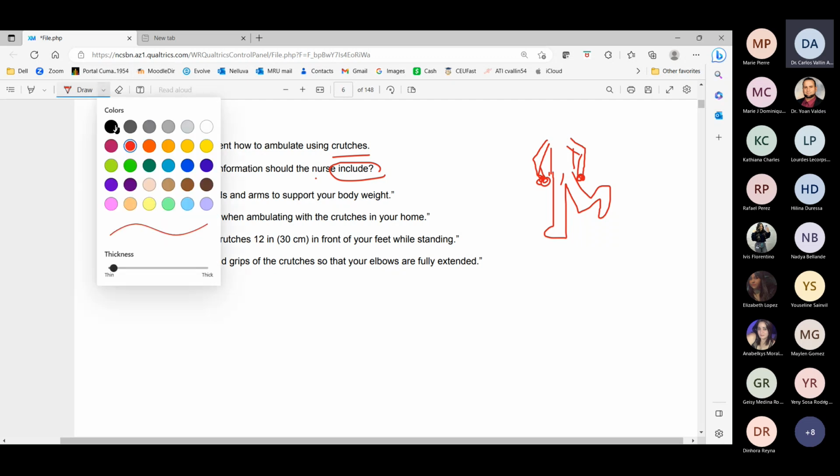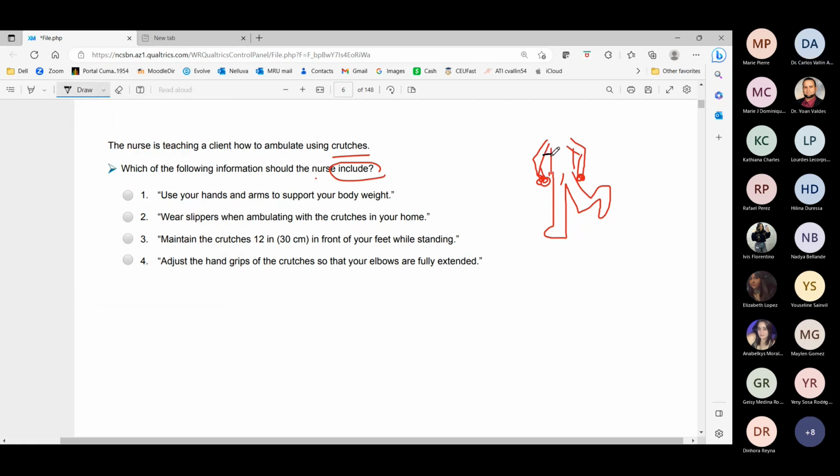And don't forget that the crutches should not be touching the armpit, the axilla, because there are some nerves that can be damaged by the crutches.